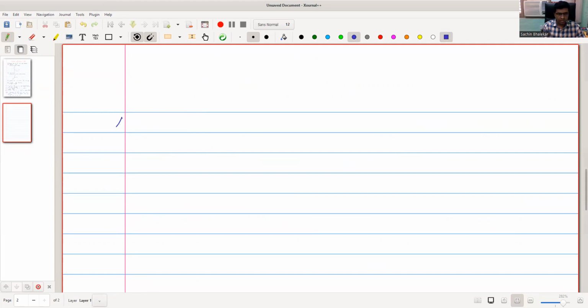Next thing is the dot product of two vectors.